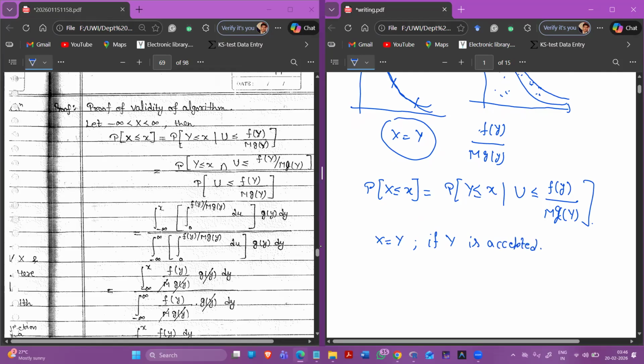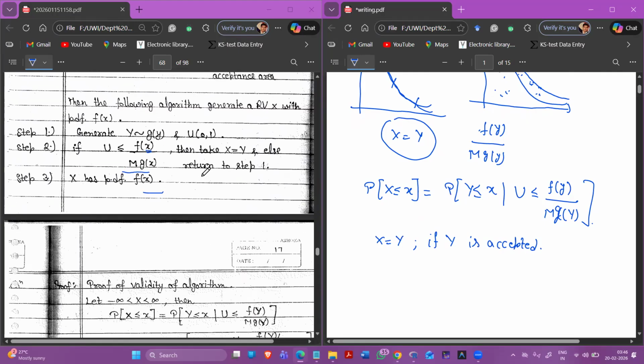If you just see here, in the third step we accept y as x. Whatever value I generate from g(y), I will keep as x, or assume as my x random number, if it fulfills this condition. So when this condition is fulfilled, my x will be equal to y.